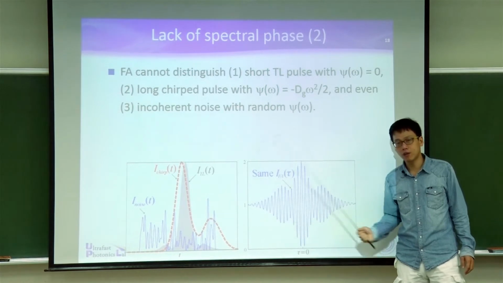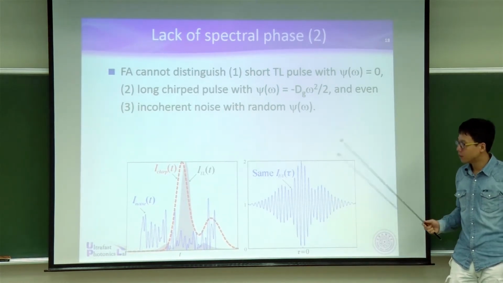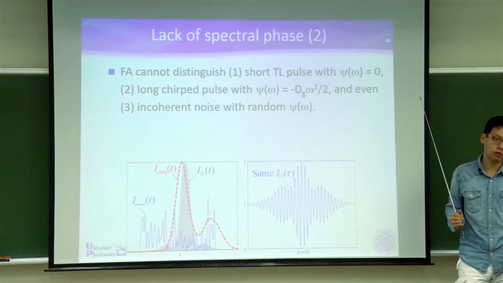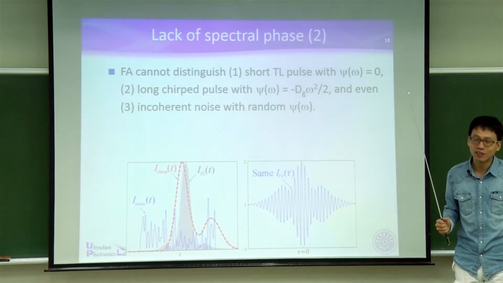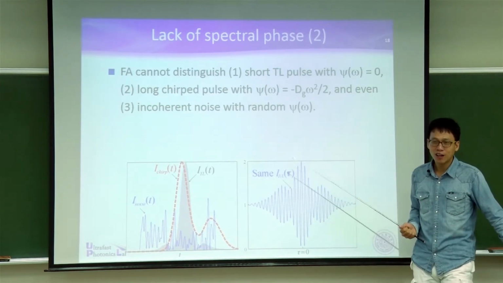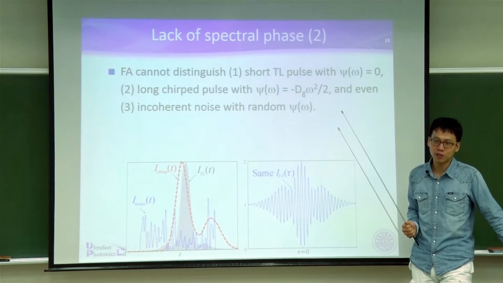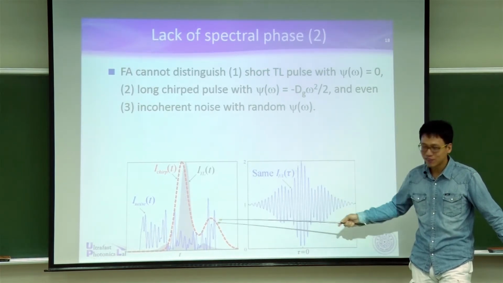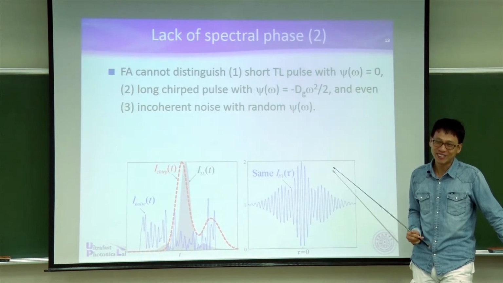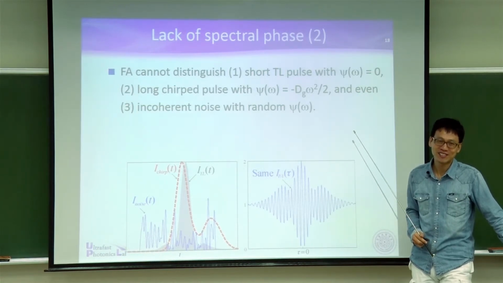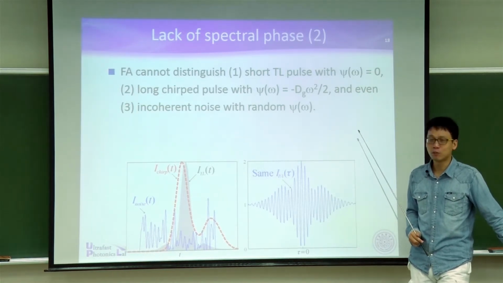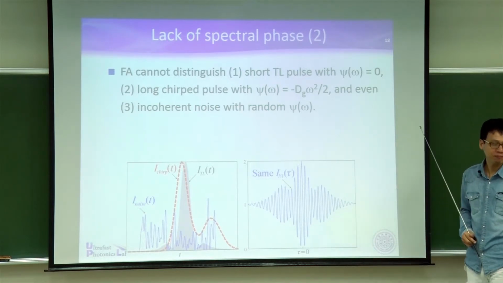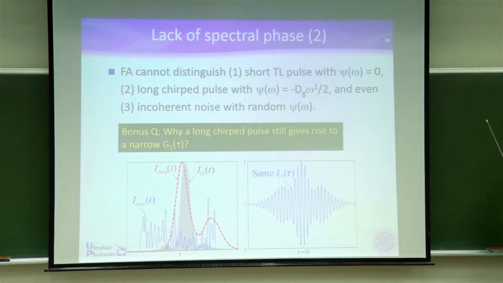As long as they have the same power spectrum, they must have the same field autocorrelation trace. So you see how limited the information we can obtain by FA measurement. 你连这3种都分不出来，就得到同样的 field autocorrelation trace. So that's certainly a problem.